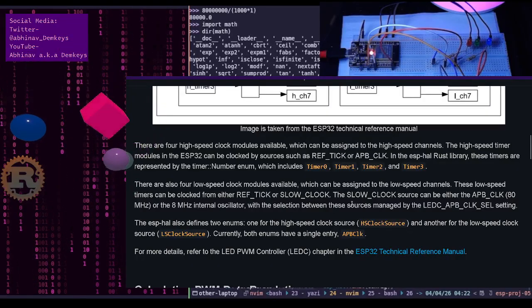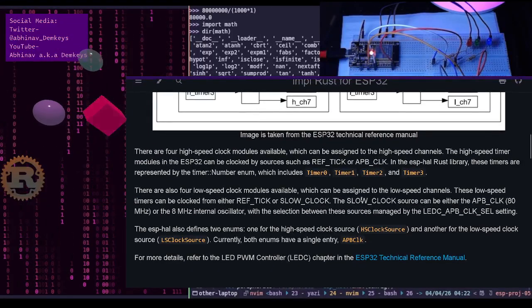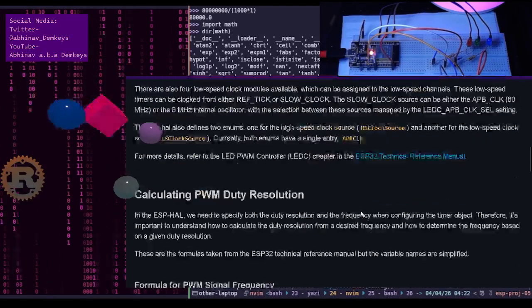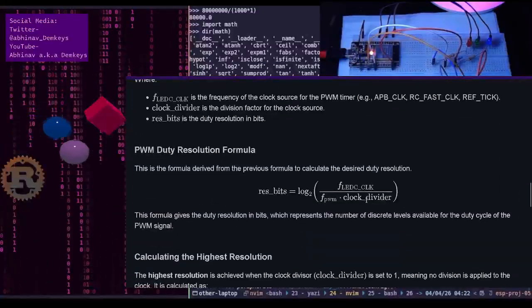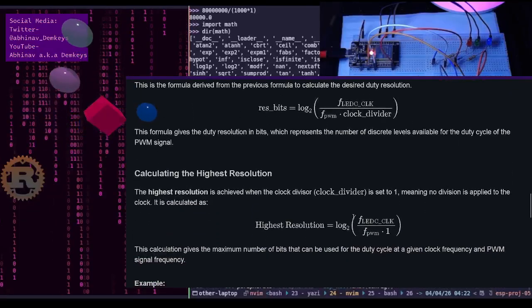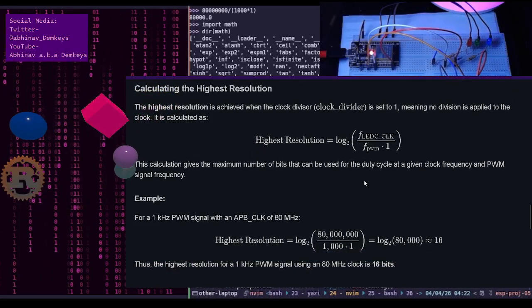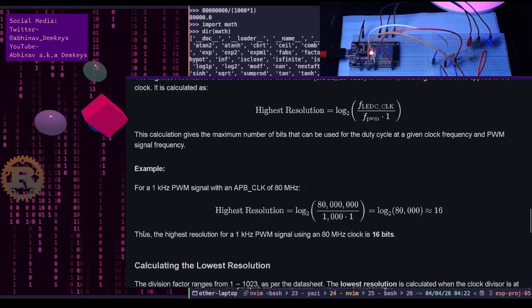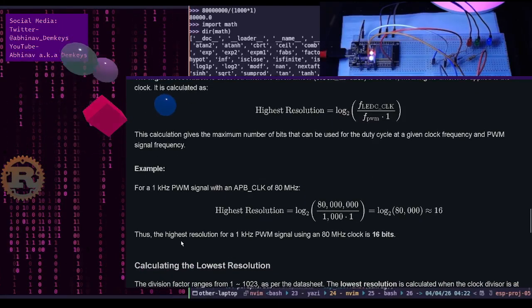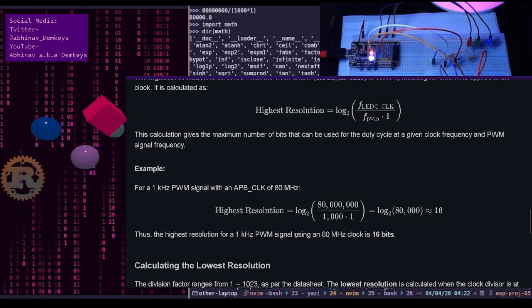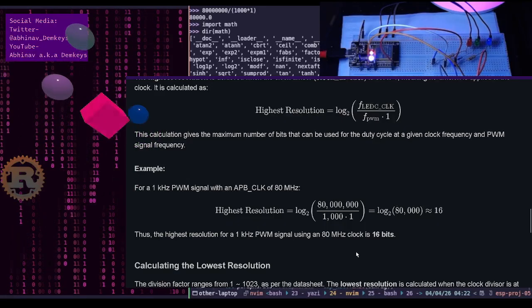So the slow clock source can be either one. 80 is how we get 80 million here. Thus, the highest resolution for a 1 kilohertz PWM signal using an 80 megahertz clock is 16 bits.